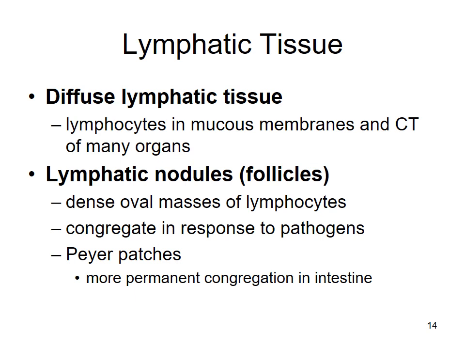Diffuse lymphatic tissue tends to be more of just a collection of random cells that you tend to see within your mucous membrane, sometimes within the connective tissue of a lot of organs. They tend to be more patches of cells, very informal, very abstract in their overall shape. A nodule, or a lymphatic follicle, will be a little bit higher level of organization.